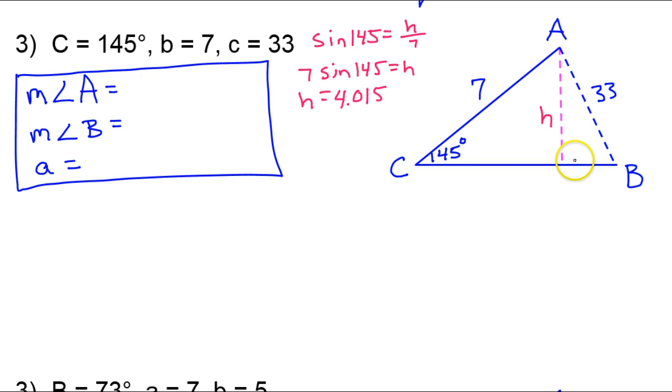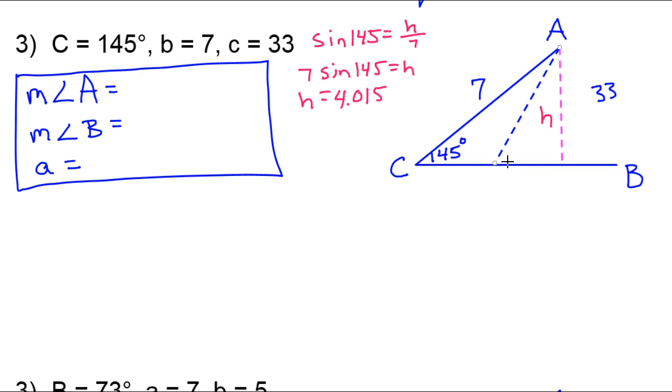So we will have at least one triangle. The question is, will we have two triangles? The only way we would have two triangles is if we were able to take this side and swing it around and hit again on this side to make another triangle. So that's how you get two triangles. If you have one triangle in this position and then you have another triangle in this position.